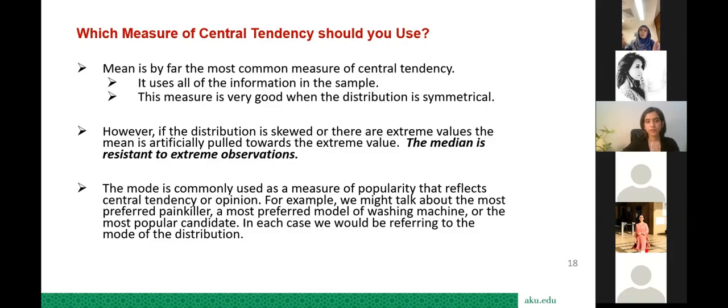I'm going to tell you about an empirical rule, which will tell you what exactly normally distributed data is. Whenever your data is normally distributed, mean is the best measure of central tendency.